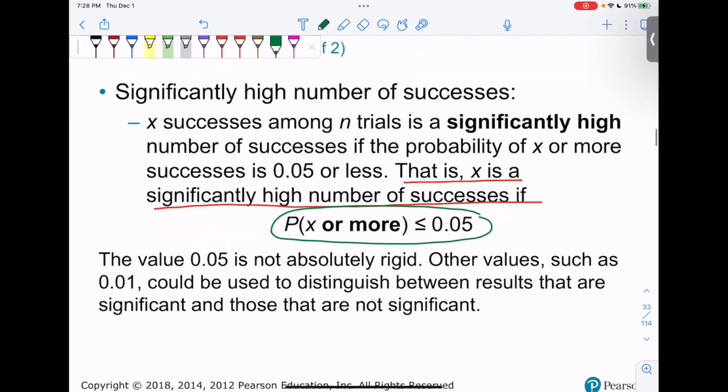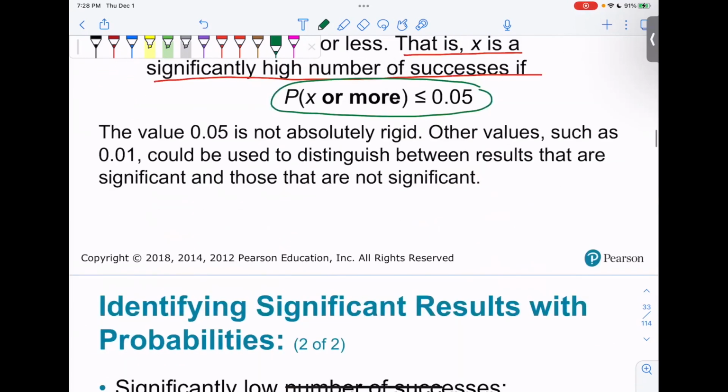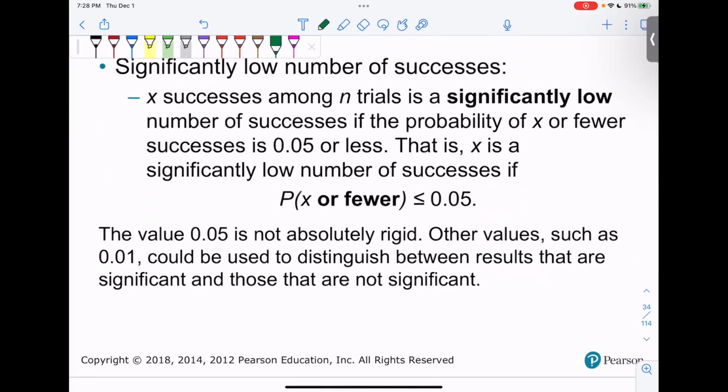The probability that we will have X or more successes must be less than or equal to 0.05. If this is the case, we can say X is a significantly high number of successes. In the same way, X is a significantly low number of successes if the probability of X or fewer successes is less than or equal to 0.05.